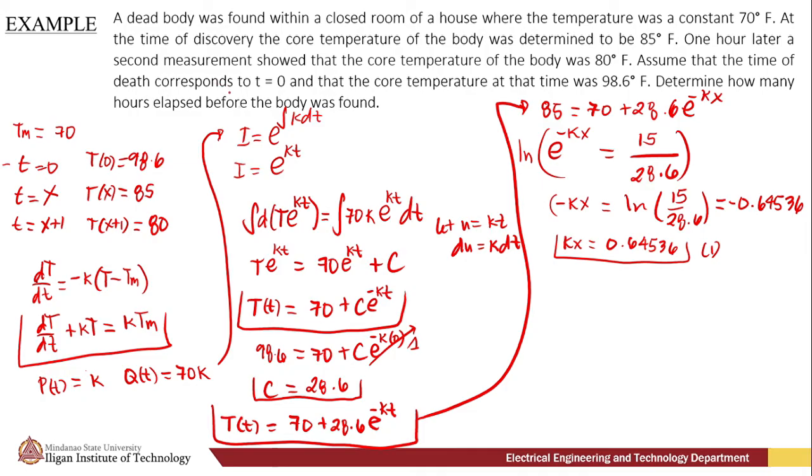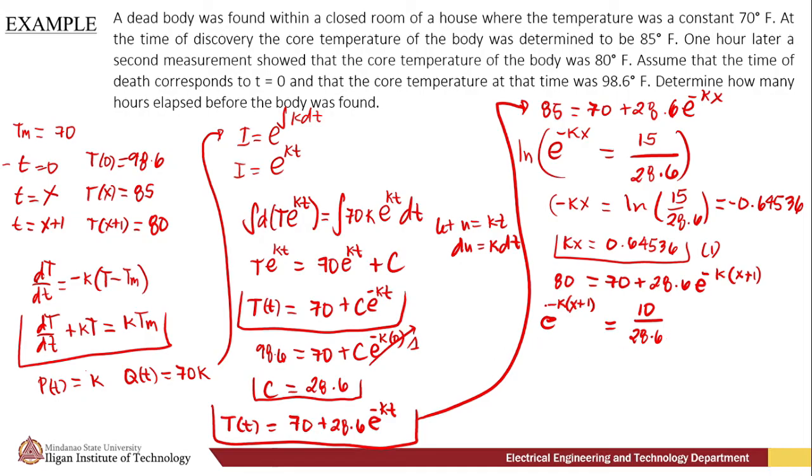Then, at the second measurement, the temperature of the body was 80 degrees Fahrenheit. We have 80 degrees Fahrenheit equals 70 plus 28.6 e raised to negative k times the time, which is x plus 1, the time of discovery plus 1 hour. Simplifying this equation, we have e raised to negative k times (x plus 1) equals 80 minus 70, which is 10, divided by 28.6.